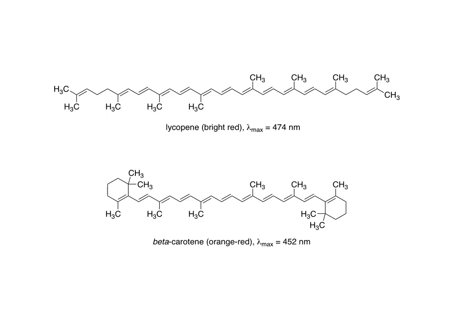More highly conjugated polyenes will absorb visible light. In the case of lycopene, which is found in tomatoes and other vegetables, absorption of the long wavelength light gives lycopene a bright red color.